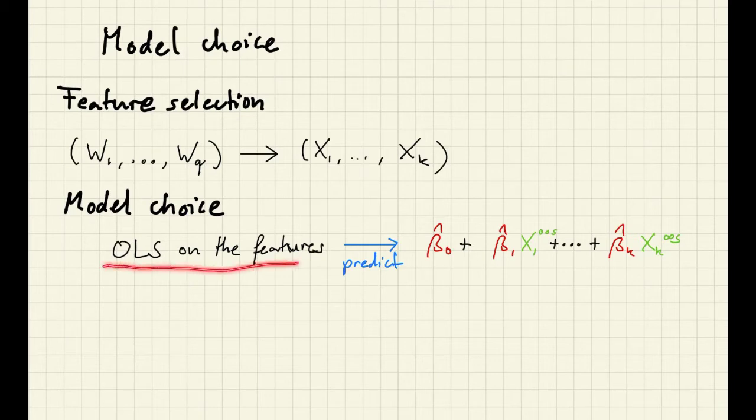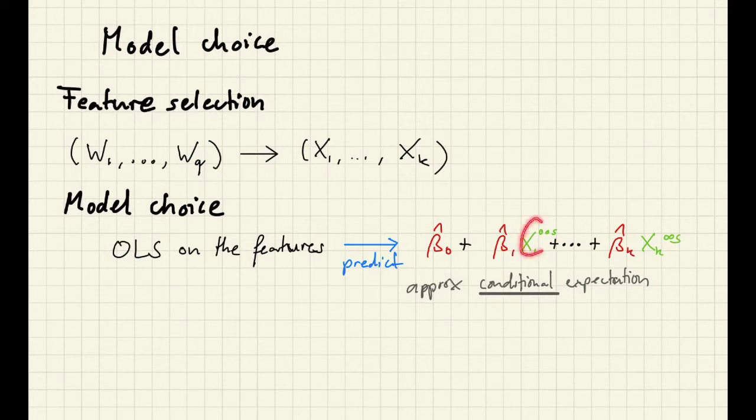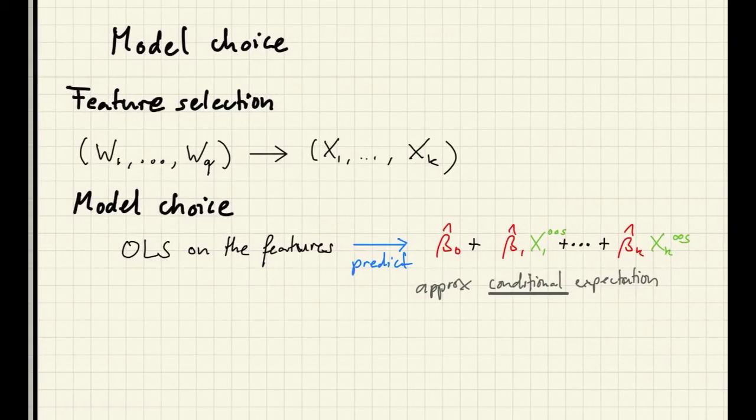So what OLS does is that it approximates the conditional expectation, and conditional here means that we're using the information in the axis to improve our prediction, and that allows us to reduce bias.